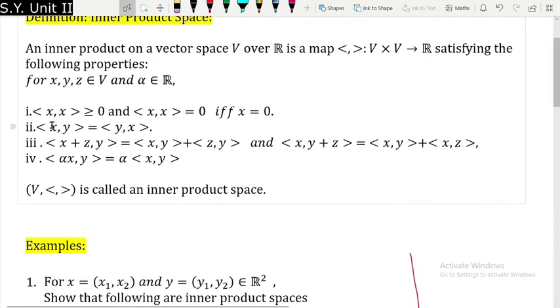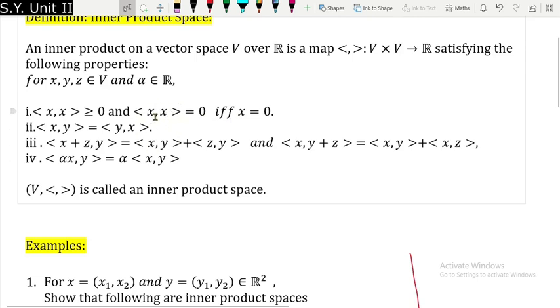So the first condition is inner product of x with itself is always greater than or equal to 0. I mean whenever you take inner product of x with itself, it is either going to be 0 or strictly greater than 0. And it says something more also. Inner product of x with x is equal to 0 if and only if x is equal to 0.